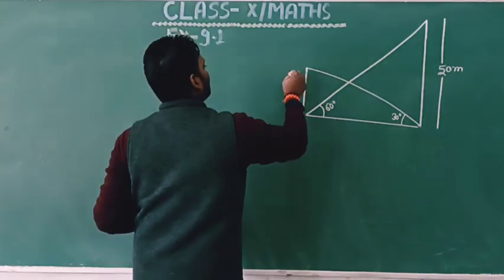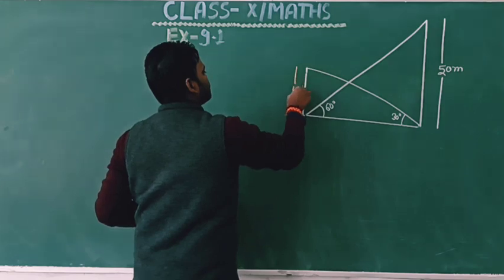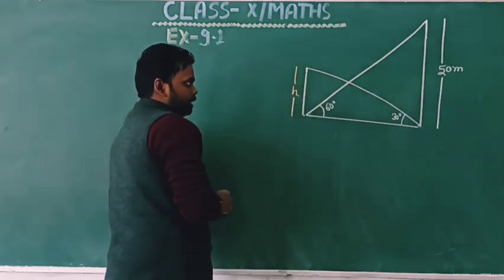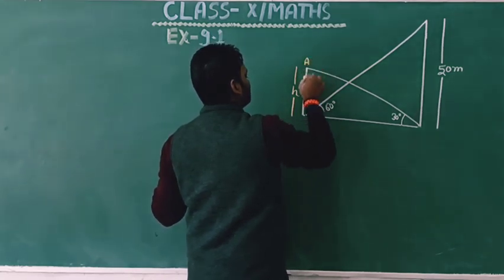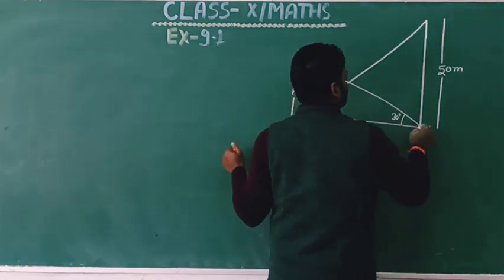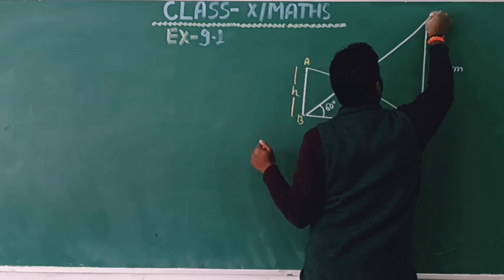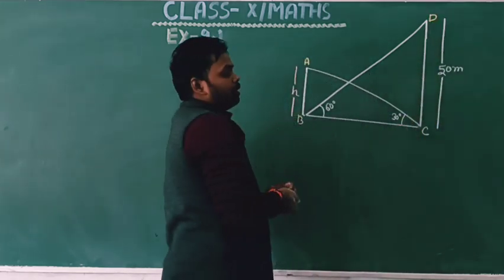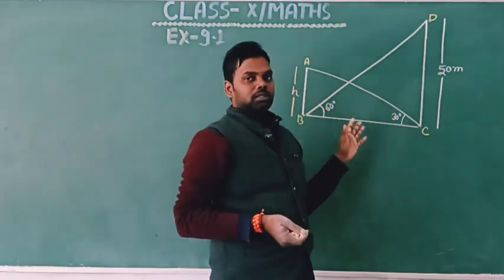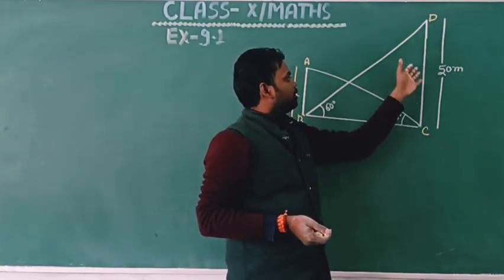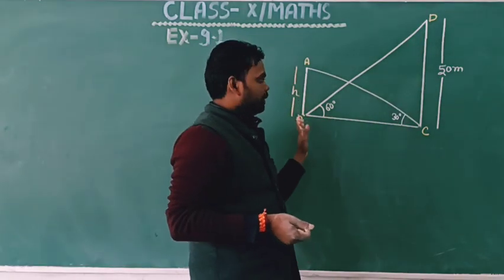So let the height of the building be h. Now naming the points in the triangle. Suppose this is A, B, C, D. So CD is a tower and AB is a building.